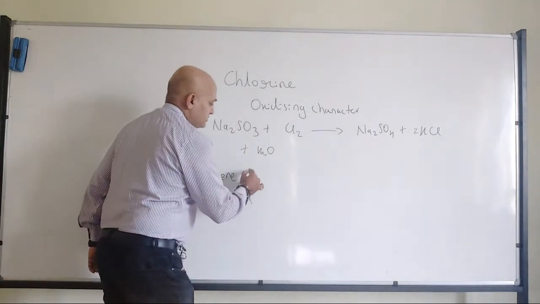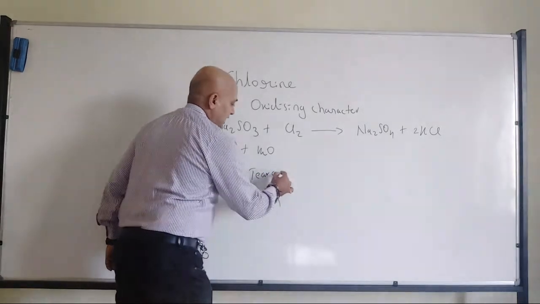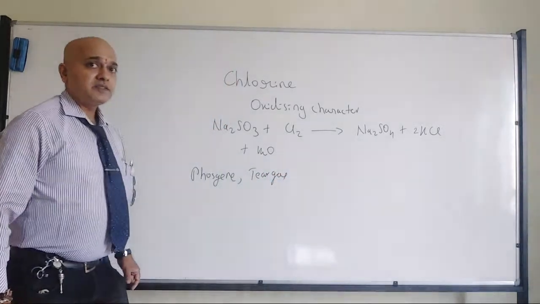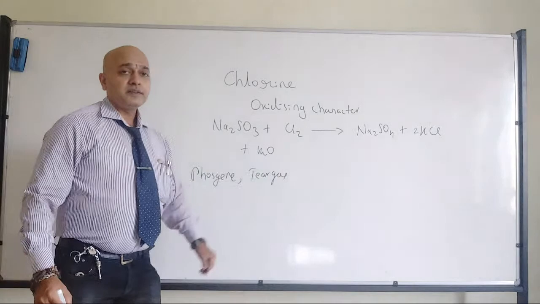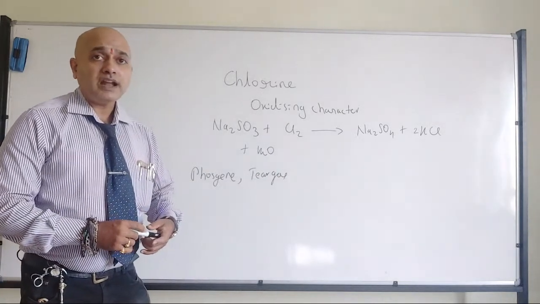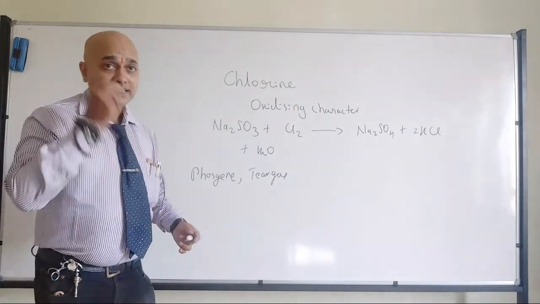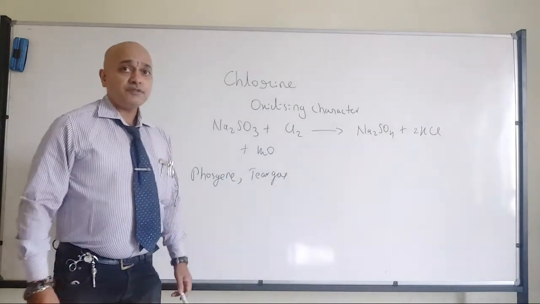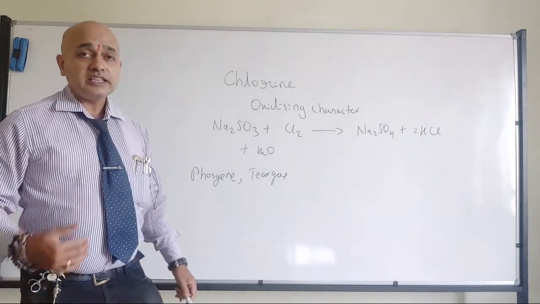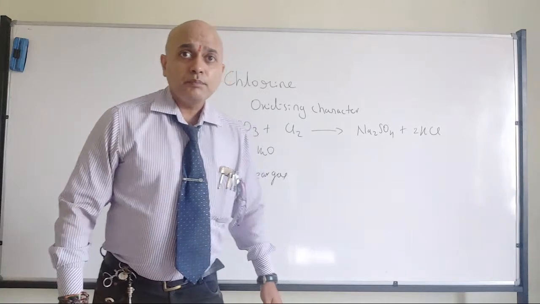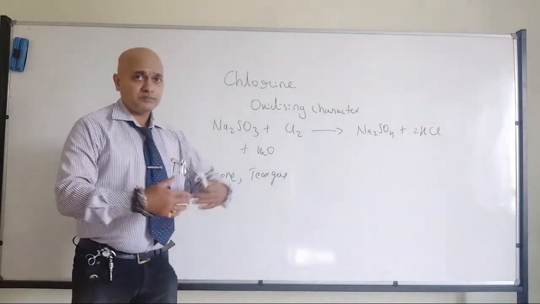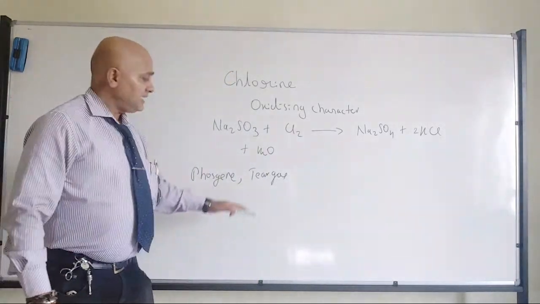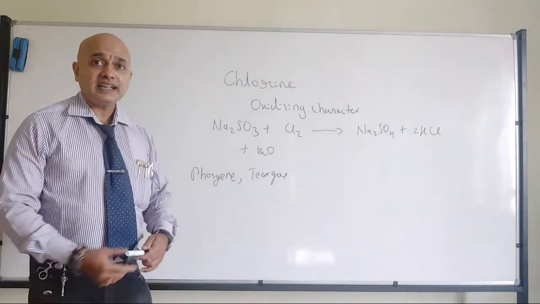So we have phosgene, tear gas, right? They are going to make tears come out of our eyes. It will be irritating the eyes. Therefore tear gas. So these police, they will be using this tear gas to disperse the mob, right? So that's where we have the tear gas.